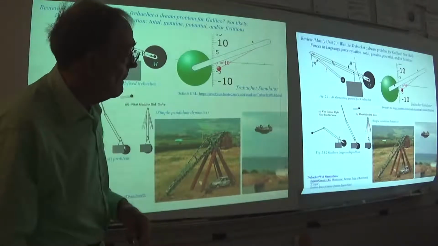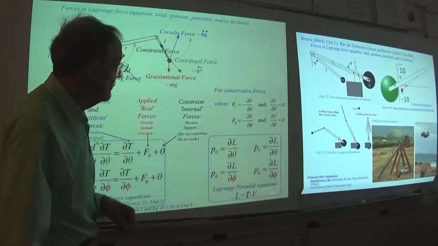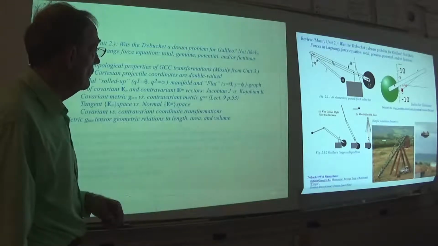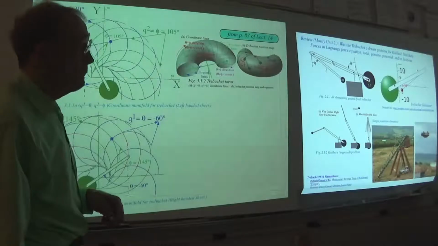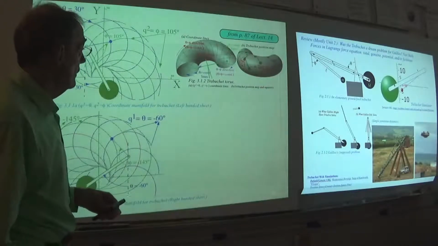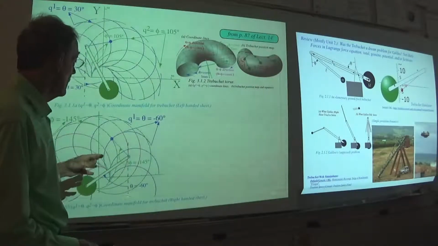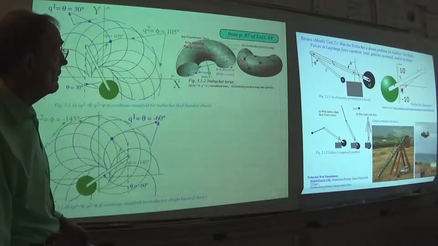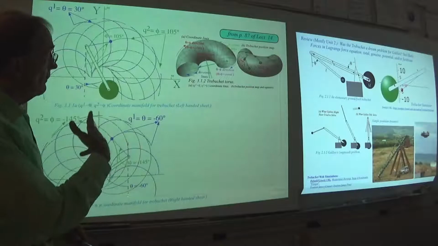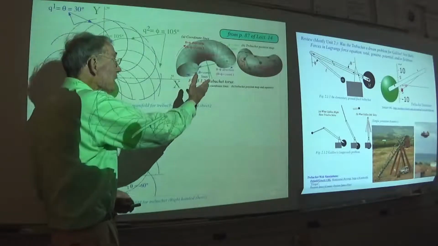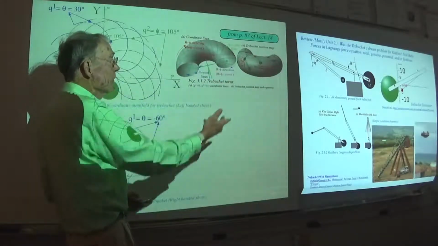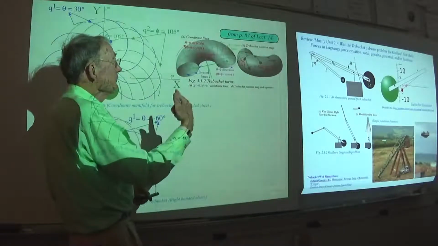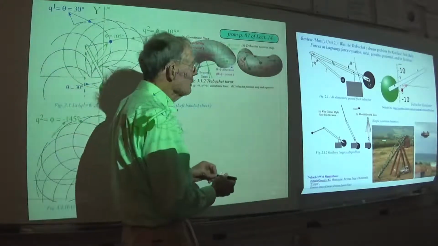But what I would like to get to really quickly here, just to go over it one more time, is the idea of having two sheets. That is, having a torus as the, shall we say, playground for the two variables, theta and phi, of the trebuchet.